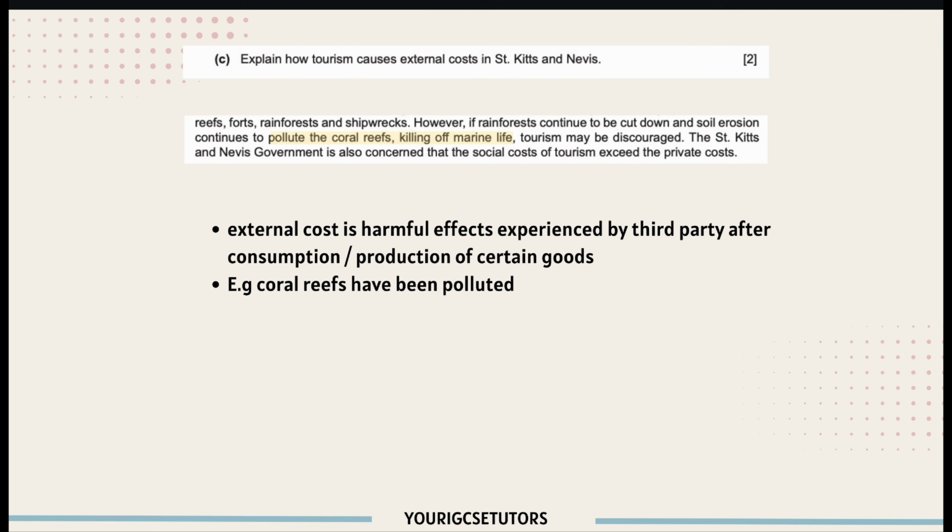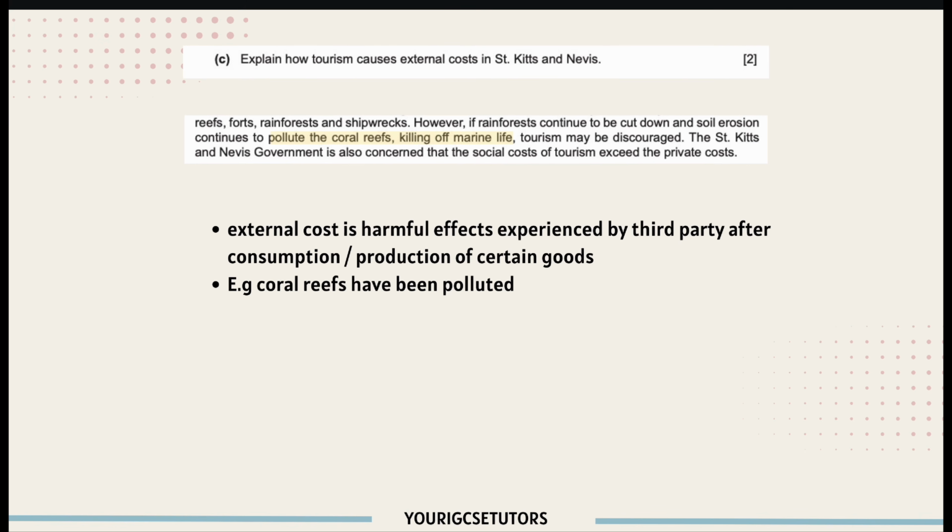Question C. Explain how tourism causes external costs in St. Kitts and Nevis. So for this question, the command word is explain. So first, you need to identify what is the external cost by giving the definition, and second, you need to tell me the example of it.